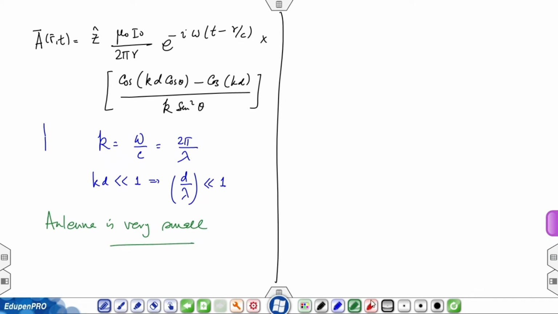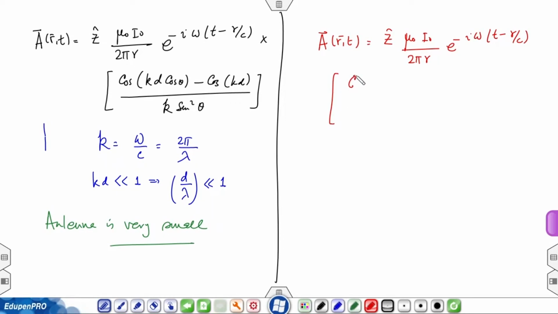In that case, the vector potential A(r,t) would be equal to z mu 0 I 0 over 2 pi r e raised to minus i omega (t minus r over c) times, now inside I have to do cosine expansion.